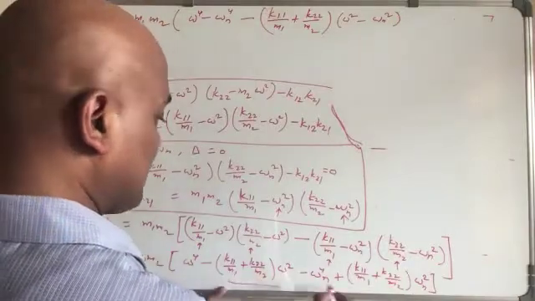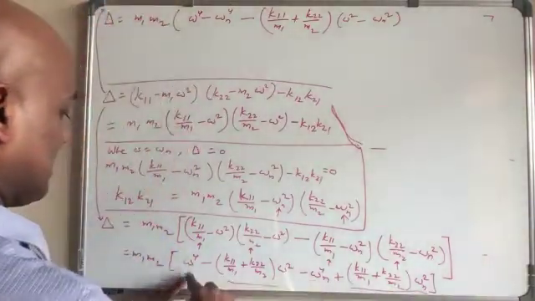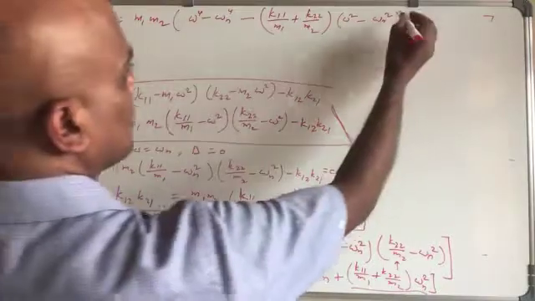So we have combined this and this, and this and this, yeah. So we write it like this.